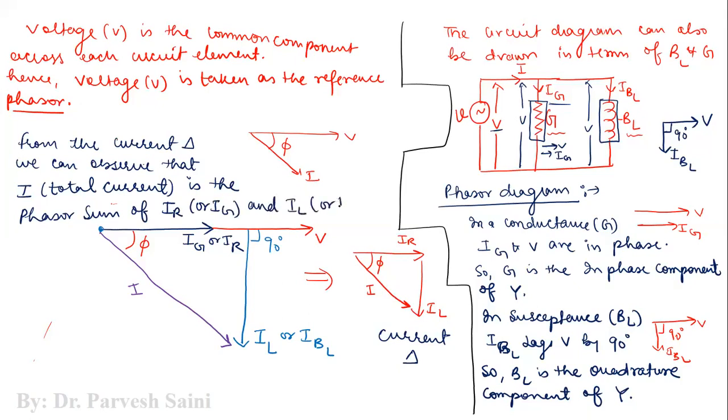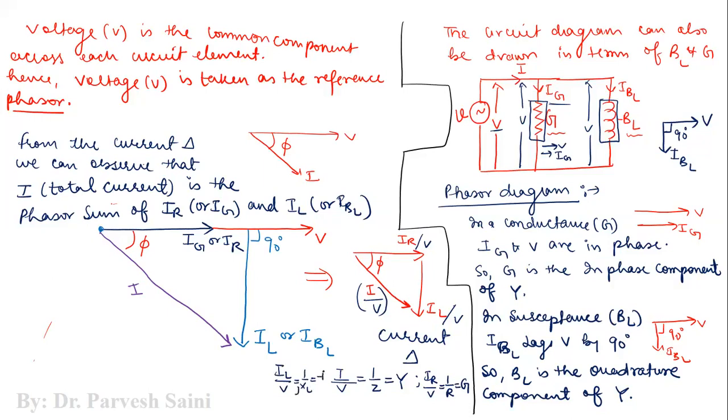IL or IBL, right? So now if you divide this particular expression by V everywhere, because V is the common component, now I by V is nothing but 1 by Z, which is equal to admittance Y. And similarly, IR by V is nothing but 1 by R, which is equal to G. And similarly, we have IL by V, which is equal to 1 by XL, or JXL basically.